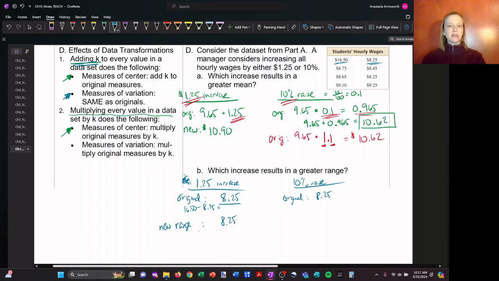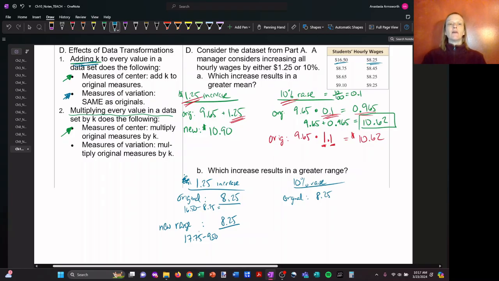And if you think about it, that makes sense because I added $1.25 to the 16.50, and that gives me $17.75. And I added $1.25 to the $8.25, so that made $9.50. And if I do that new subtraction, I have the exact same range that I did before. So if you add the same k value to every number in the data set, your range doesn't actually change.